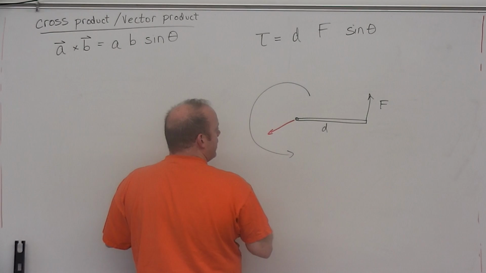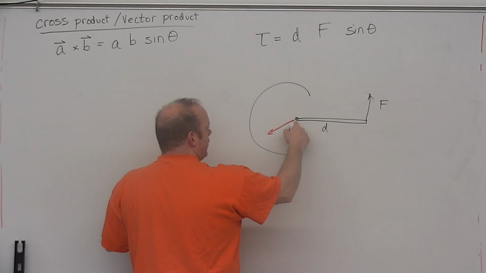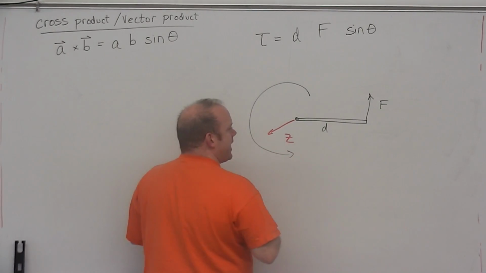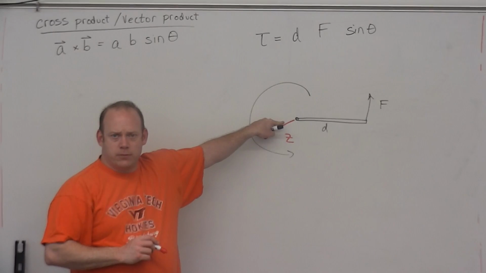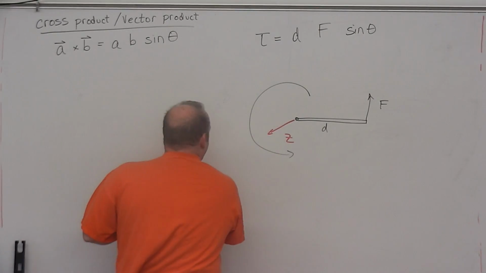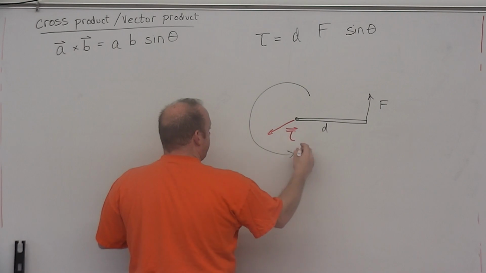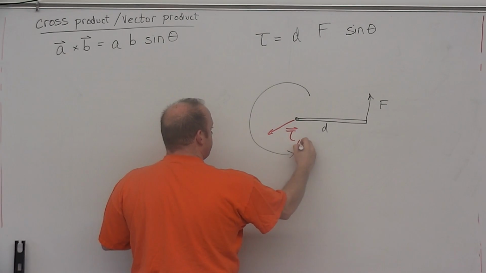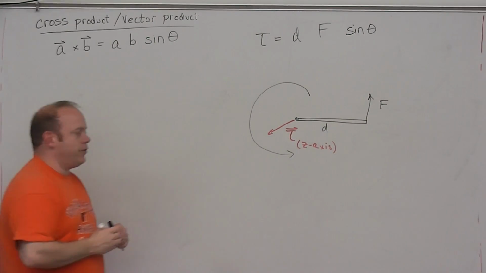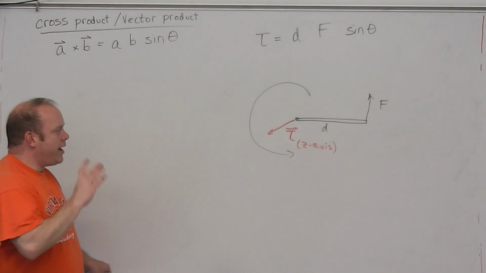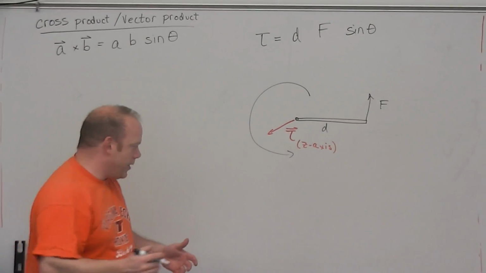If this is your z-axis here, it's going to rotate about the z-axis. And so that would be the vector that you would get out. This would be your torque vector, and it goes about the z-axis. It's hard to do three-dimensionally. But we've done this before, we just didn't call it a cross product.